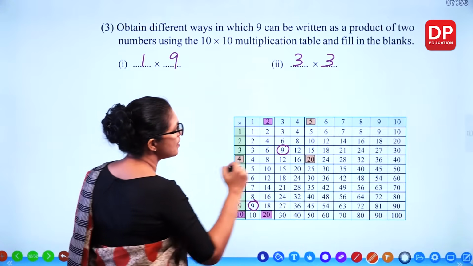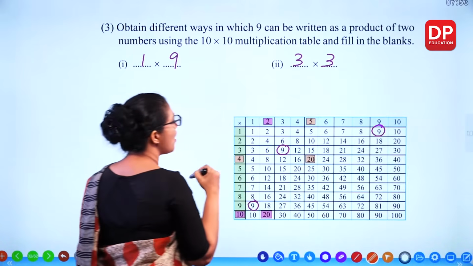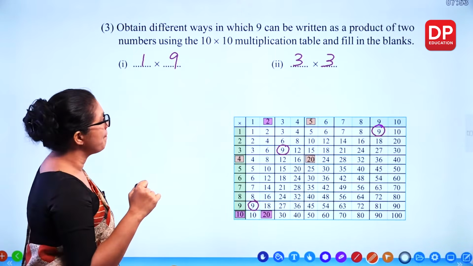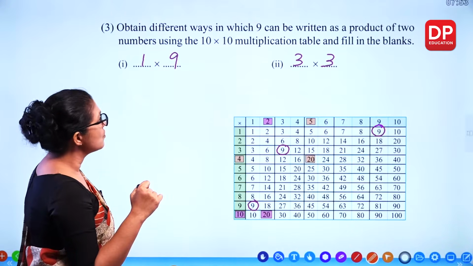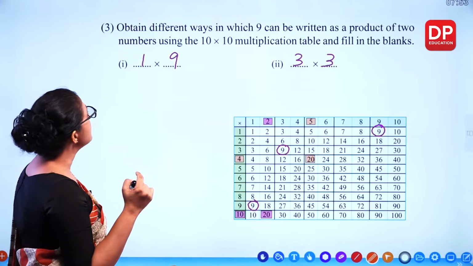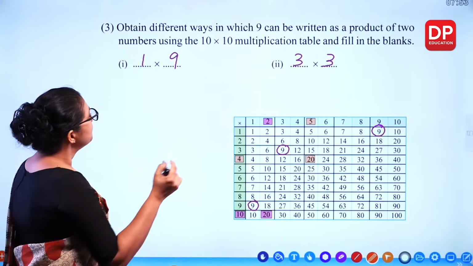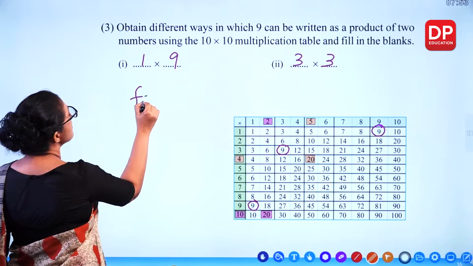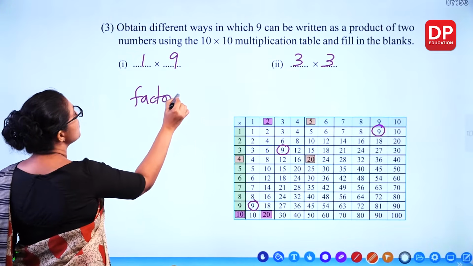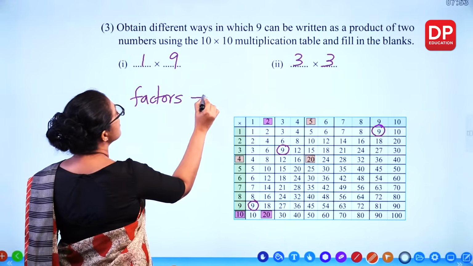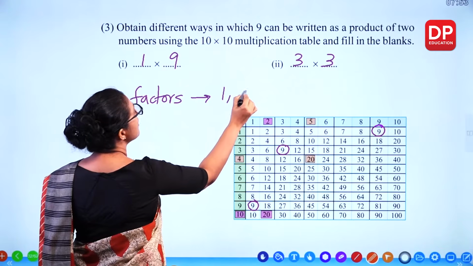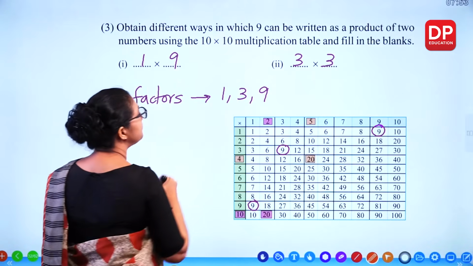So those are the possibilities. Another one, 1 times 9. 9 times 1. So these are the possibilities. So what are the factors? If you are asked to write down the factors, we can write 1, 3, 9.